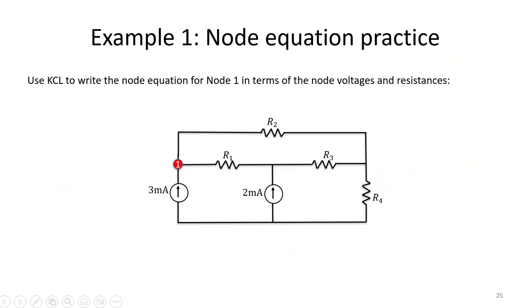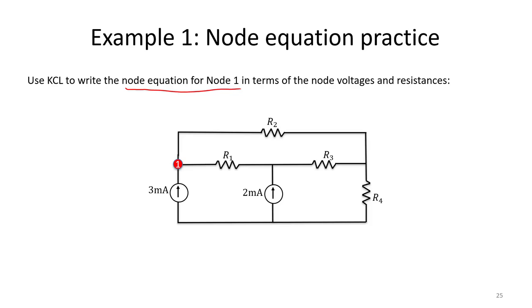Let's go ahead and try a simple example first. Here we are being asked to use Kirchhoff's current law to write the node equation for node 1. And we want to write that node equation in terms of node voltages and the resistances elsewhere in the circuit.